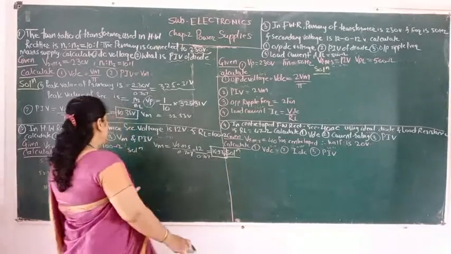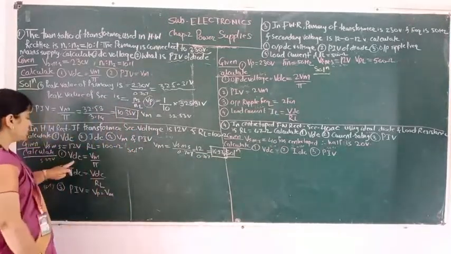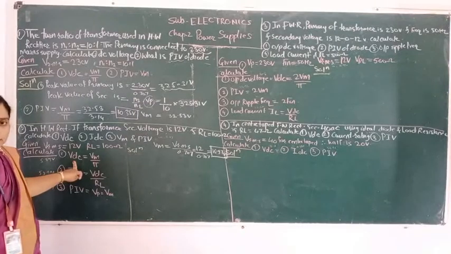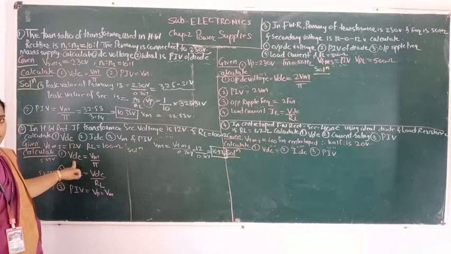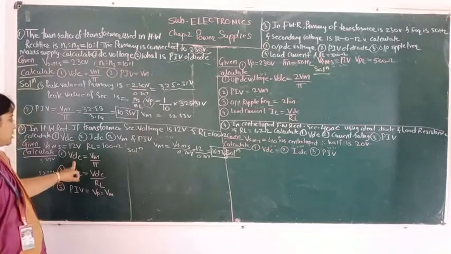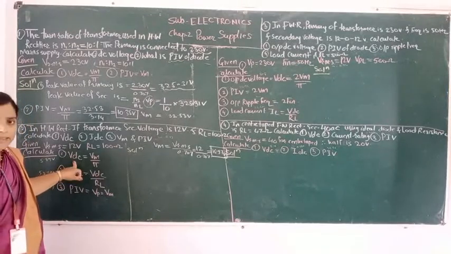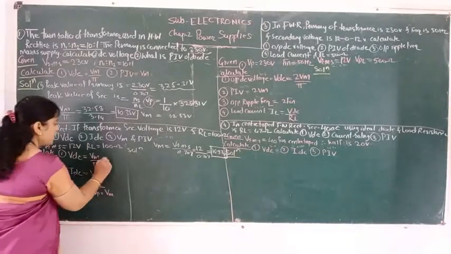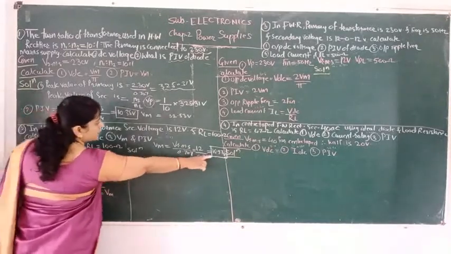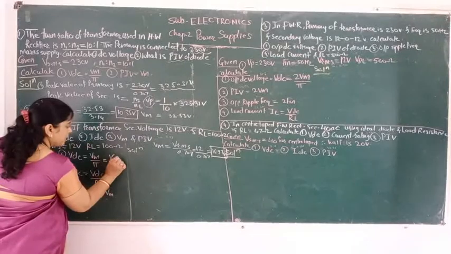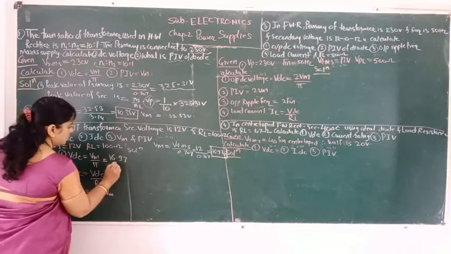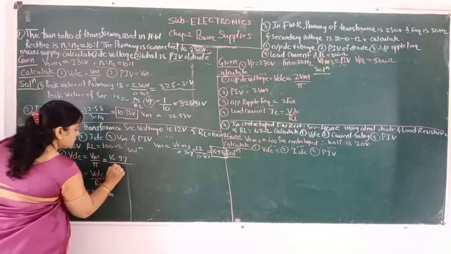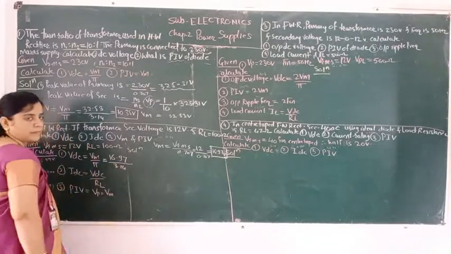Now see, what we have to solve first is VDC. VDC means the output DC voltage. So VDC for a half wave rectifier is VM divided by pi. What is the value of VM that we have got? 16.97 divided by the value of pi, 3.14.